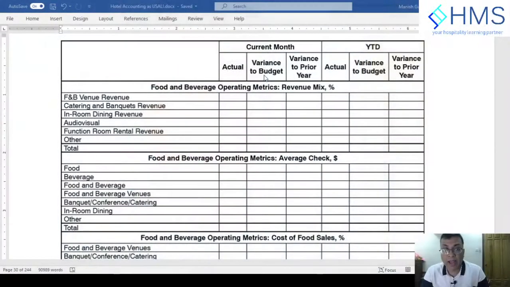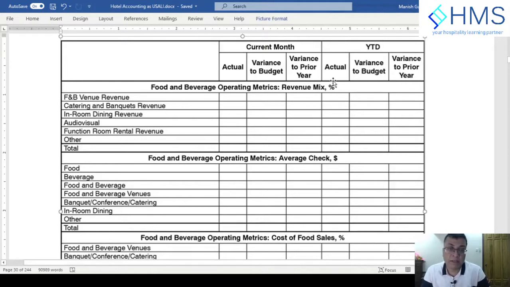So the first table that usually recommends to look at is this table, which describes the operating metrics for the F&B department. It covers the revenue mix, the average check, the cost of food sales, cost of beverage sales, and also certain other operating ratios.